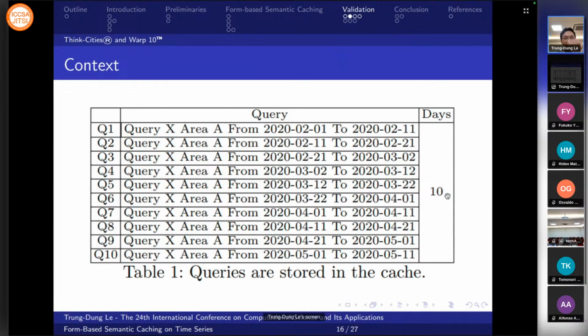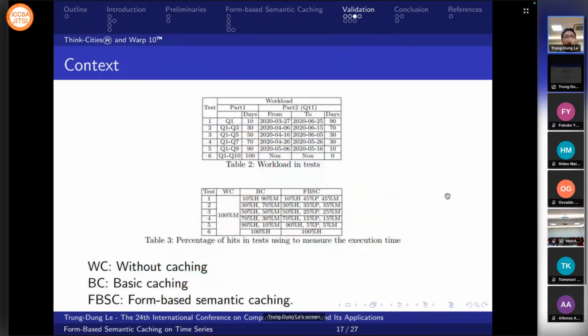The workload we test in 6 tests. Test 1 has Q1 and Q11. Test 2 is Q1 to Q3 and Q11.